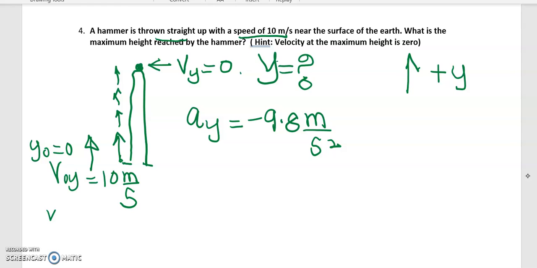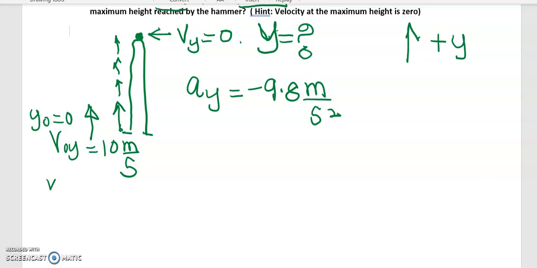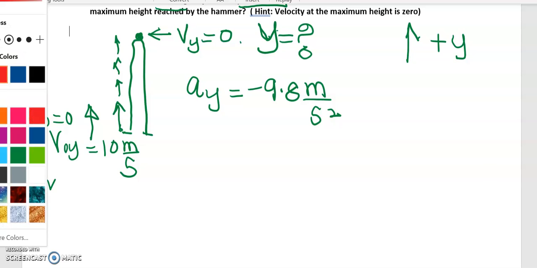If you know the final y position, y, that would be the maximum height reached by the hammer. Initial y position is 0. Now let's use the kinematic equations, the first one.